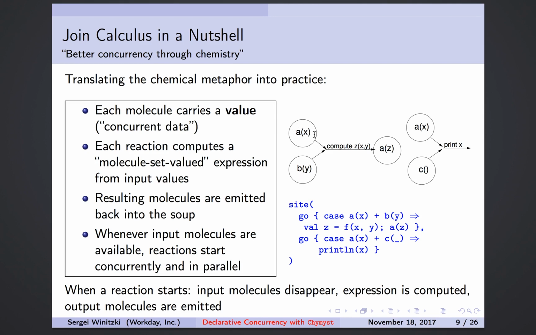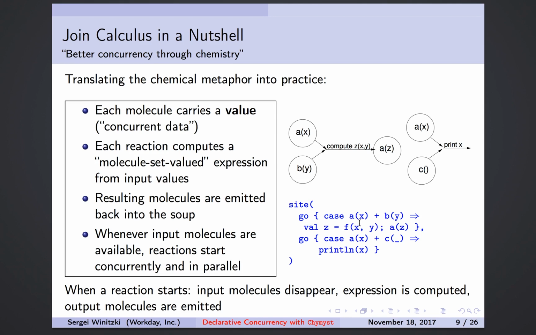It finds some instance of A and some instance of B. There could be many. It just finds non-deterministically any instance of A and any instance of B. These two molecules are instantaneously removed from the soup. The values on them are substituted into the body of the reaction.